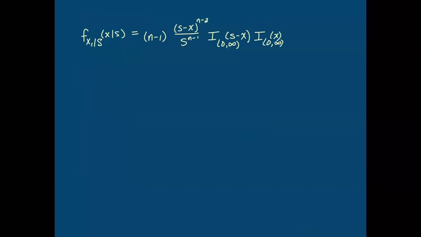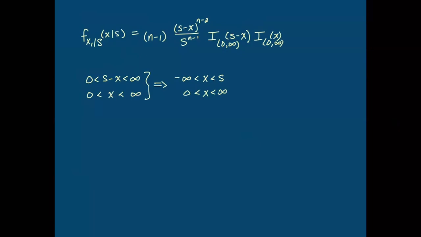This product is going to be 1 if and only if both of these events happen. Rewriting the set of inequalities in the top line, this is equivalent to saying that x is between negative infinity and s, and x is between 0 and infinity. If both of these happen, both indicators will be 1 and the product will be 1.